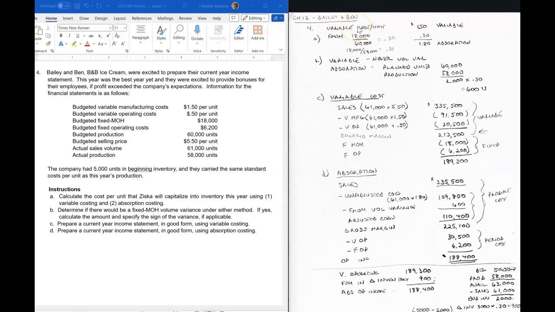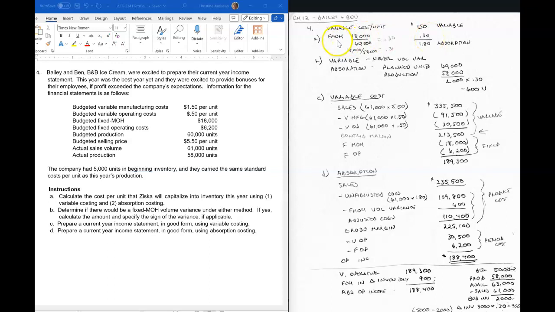Our variable cost per unit, they told us it was $1.50 per unit, so that would be the variable cost per unit right there. And then to make it absorption costing, we've got to add a fixed manufacturing cost component.